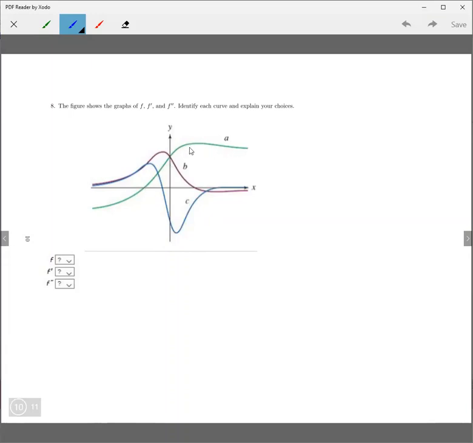Okay, so if A was the original, then its derivative would be 0, maybe right here. So you can try to argue that way. And yeah, B has a derivative that's 0 right there. So A could be the original. Maybe A is the original. That was quick.